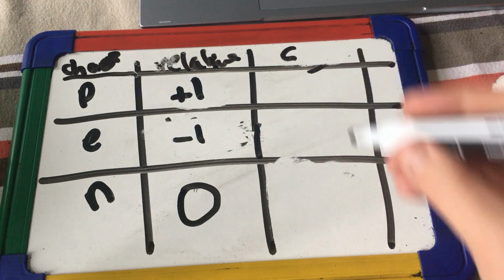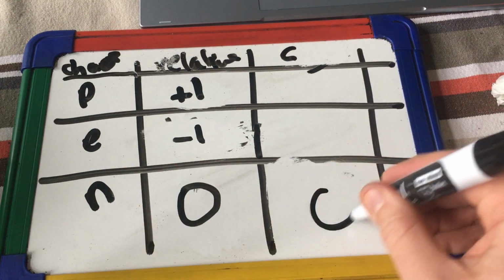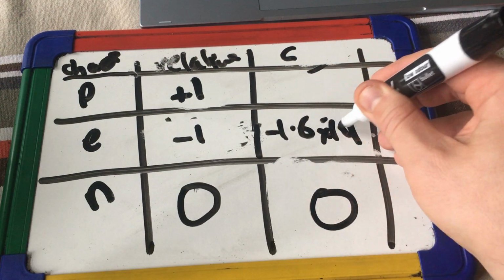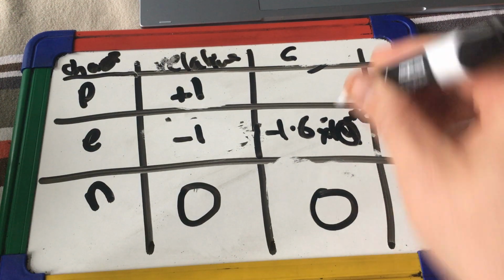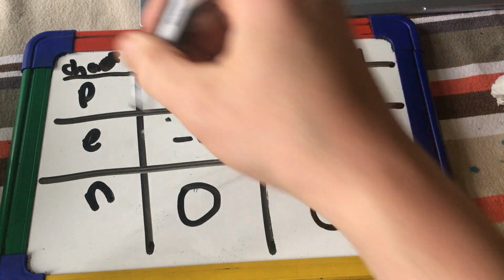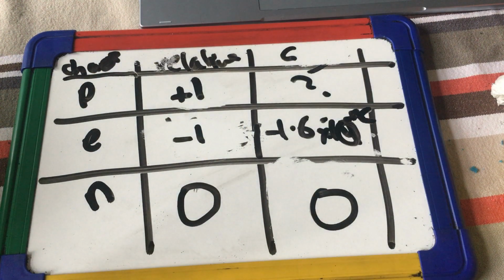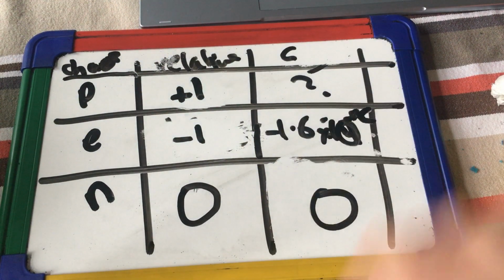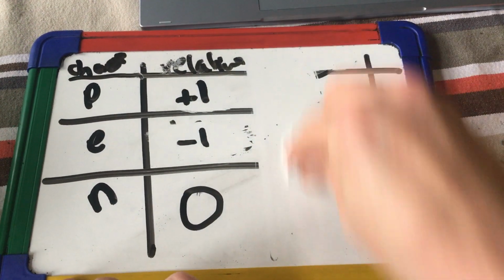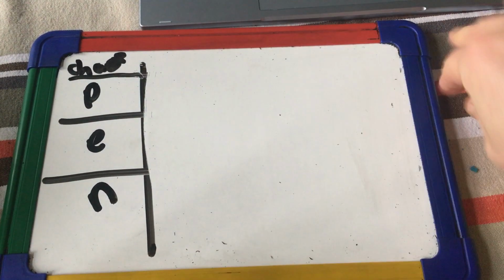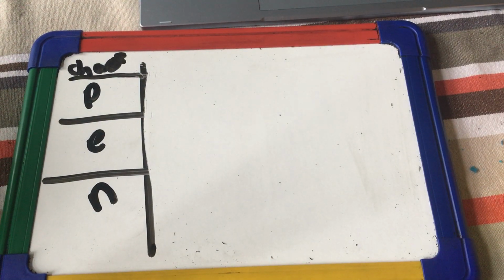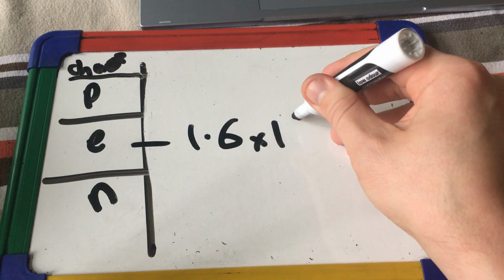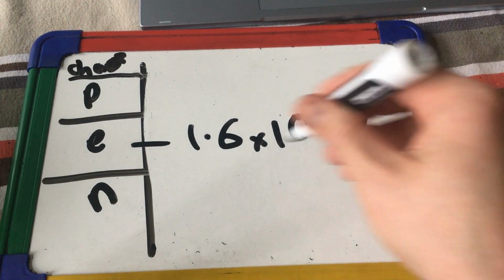But what is the charge? Well, the charge is 1.6 times 10 to the minus 19 coulombs. Again, you can look it up. The proton charge is the same as the electron charge. Quantity-wise, one is positive and one is negative. Let me rephrase that. The electron has a charge of minus 1.6 times 10 to the minus 19 coulombs.